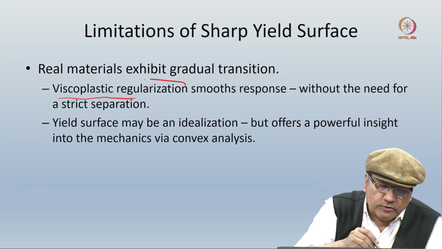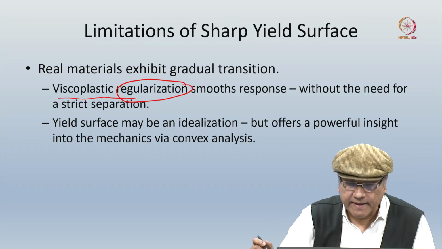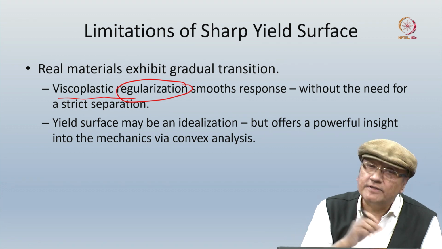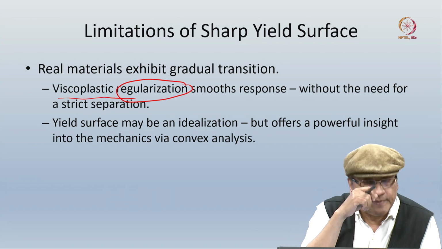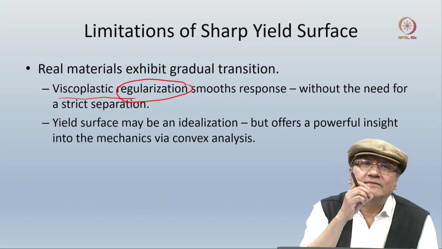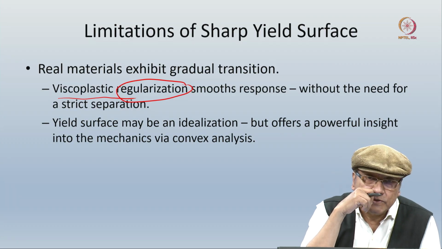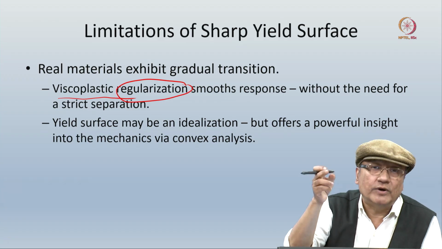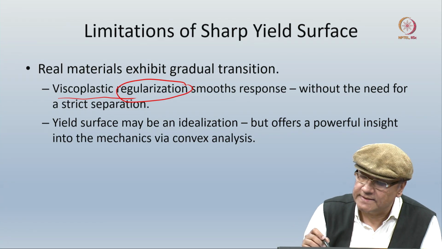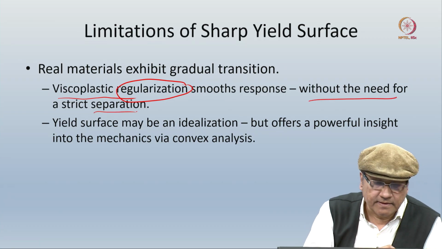Even though we call it a regularization, it is a physically admissible regularization of the mechanics. That means plasticity starts right from the beginning, however small the externally applied force may be, but it picks up at a certain value or a certain region of the externally applied force. So there is no strict yield point or yield surface that defines plasticity. There is no need for a strict separation in this case.